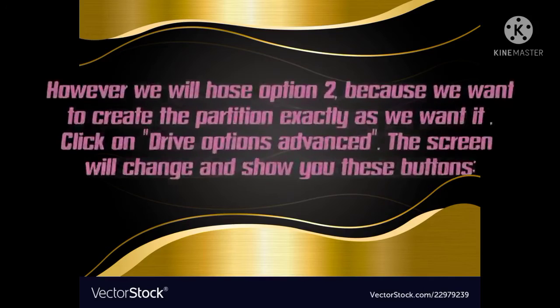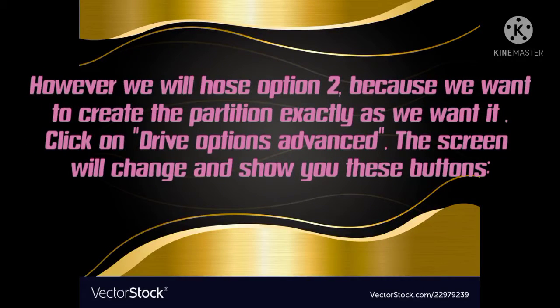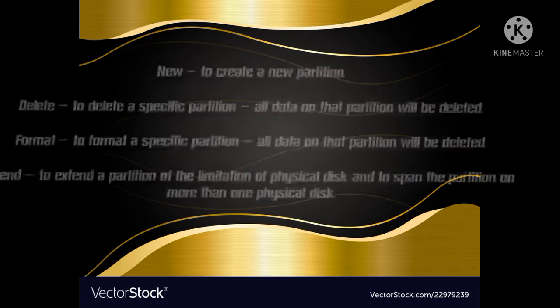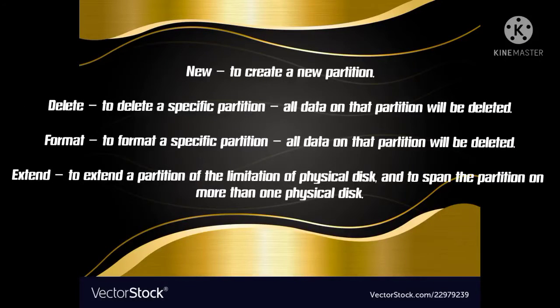However, we will choose option 2 because we want to create the partition exactly as we want it. Click on Drive Options Advanced. The screen will change and show you these buttons. New, to create a new partition. Delete, to delete a specific partition.